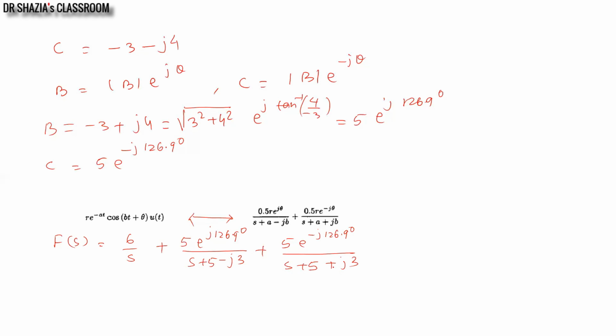Now after applying the inverse Laplace transform, we can generate f of t as 6 times 1 by s. 1 by s is for u of t.